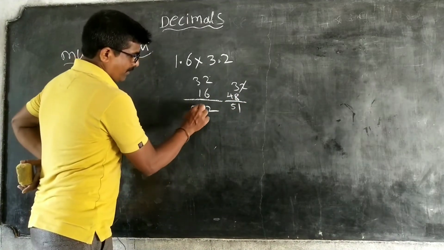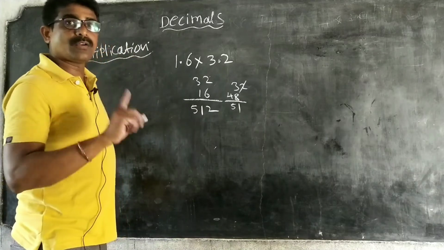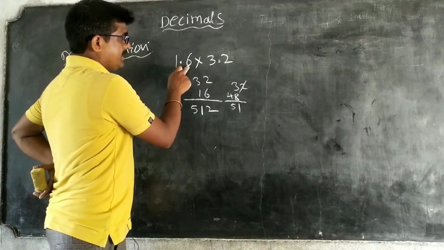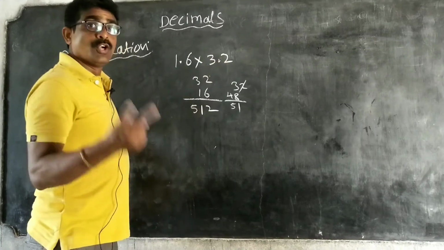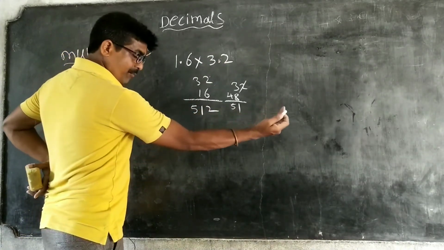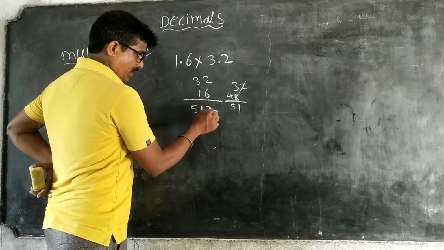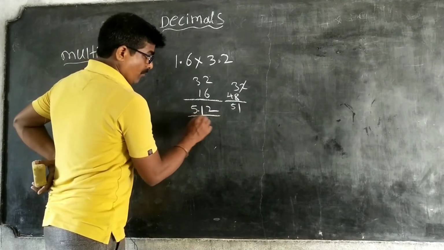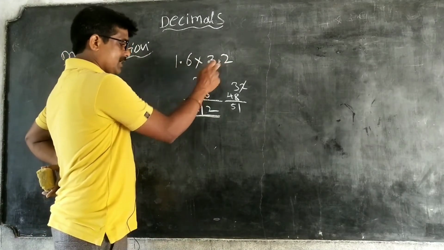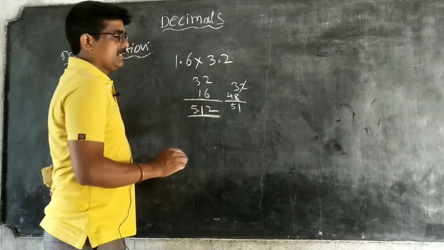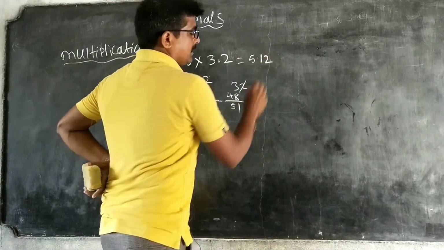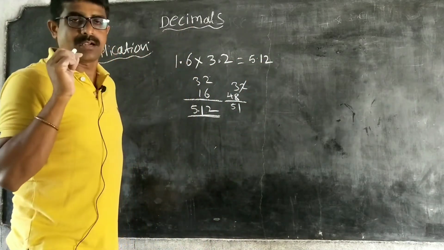Right? 5 1. So now we have to concentrate. This is the important point. Here point after one digit, here also point after one digit. Total 2 digits after the point. That's why have to come this side only. 1 2, that is equal to 5.12. So the answer is 5.12. This is the important concept.